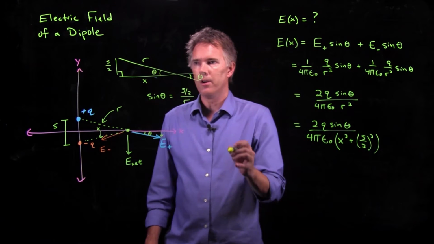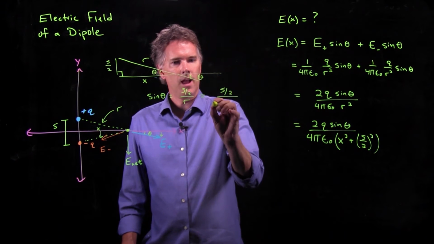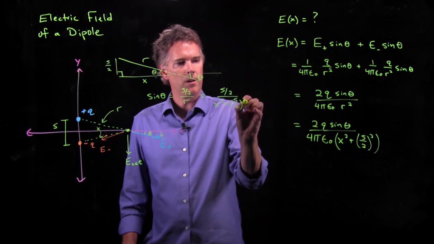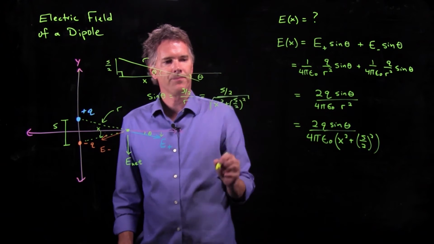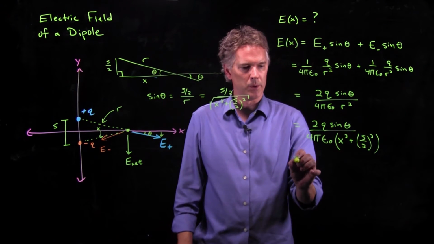And we know what r is. r is the square root of x squared plus s over 2 squared. So let's take this and put it all back into here. What do we get?